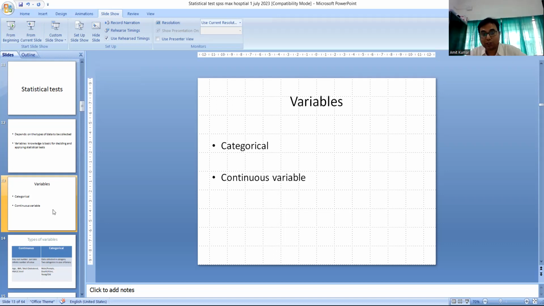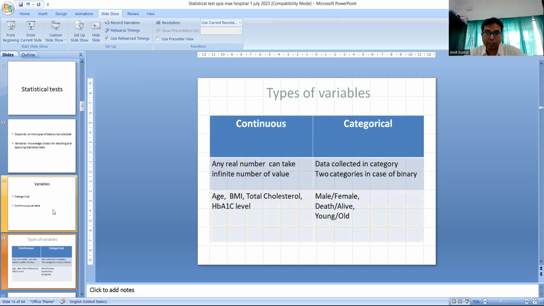One is the categorical variable and another is the continuous variable. So what is a continuous variable? A continuous variable can take any real number, an infinite number of values. If you are collecting any real number in your study, in your research, then that is called a continuous variable. For example, age, BMI, total cholesterol, and HbA1c level.